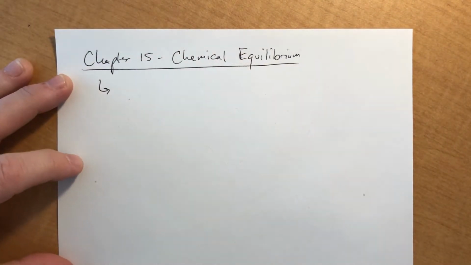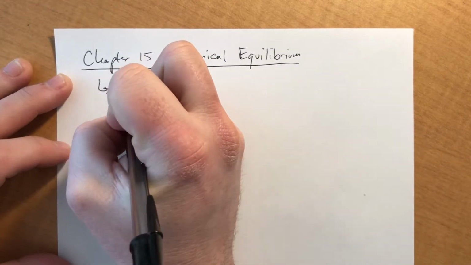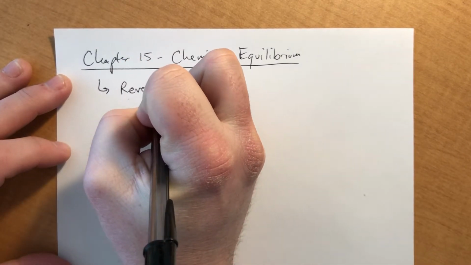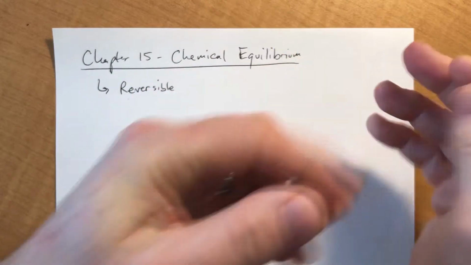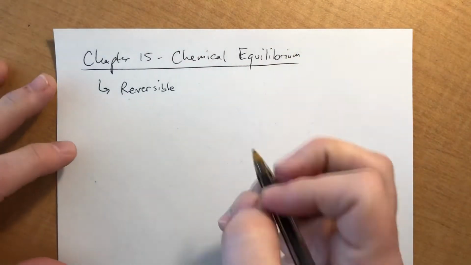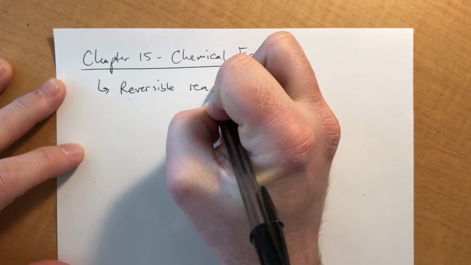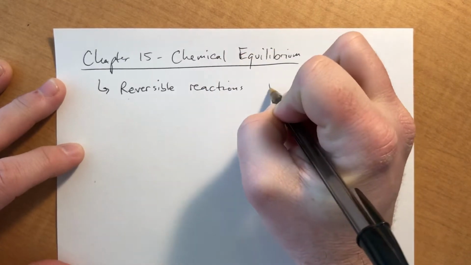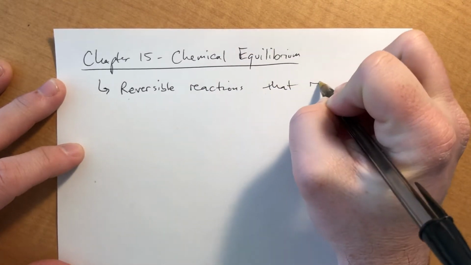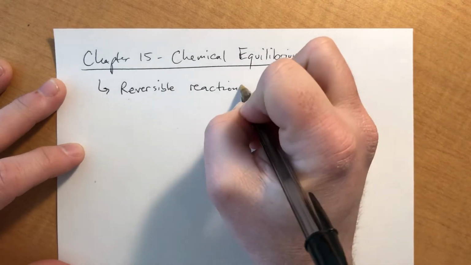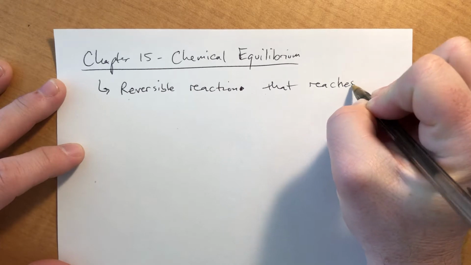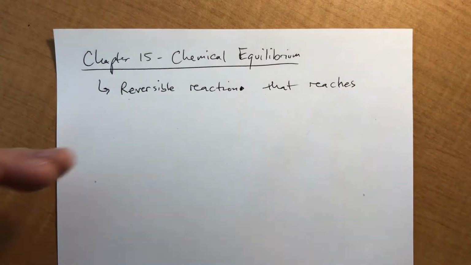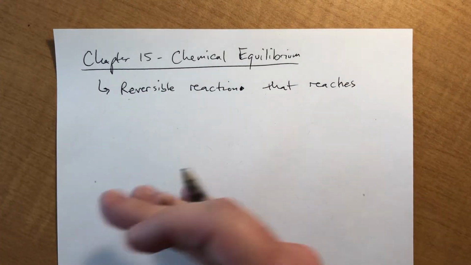So these are reversible reactions. We haven't really dealt with that much. So basically products form and then the products react and go back to being reactants. So it's a reversible reaction that reaches a point where the forward rate is equal to the reverse rate.